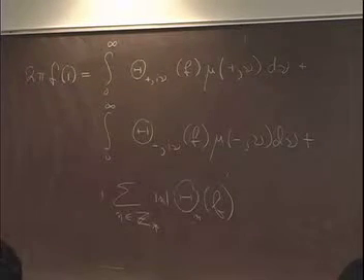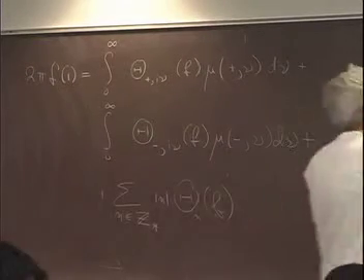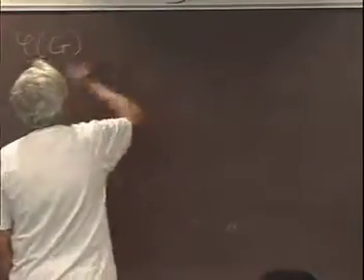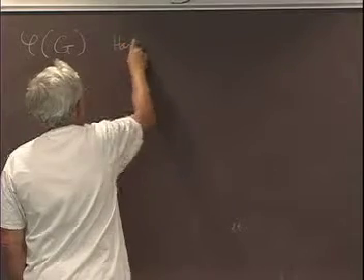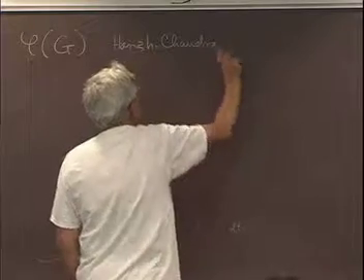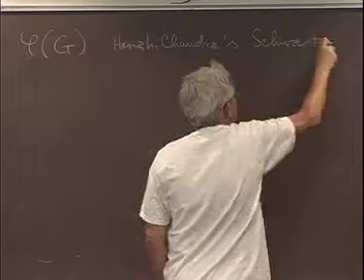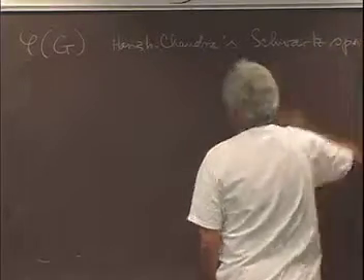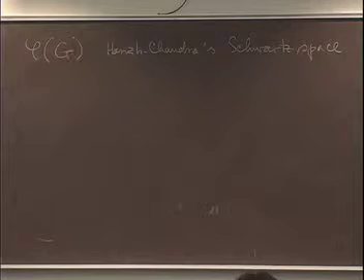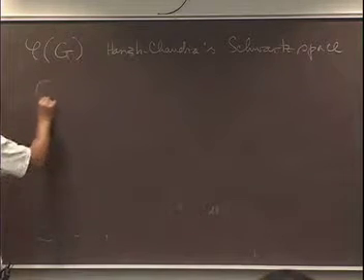First of all, I mentioned last time that the proof uses the Schwartz space, Harishchandra's Schwartz space. This is the space of smooth functions on the group with some rate of decay, which we discussed last time.